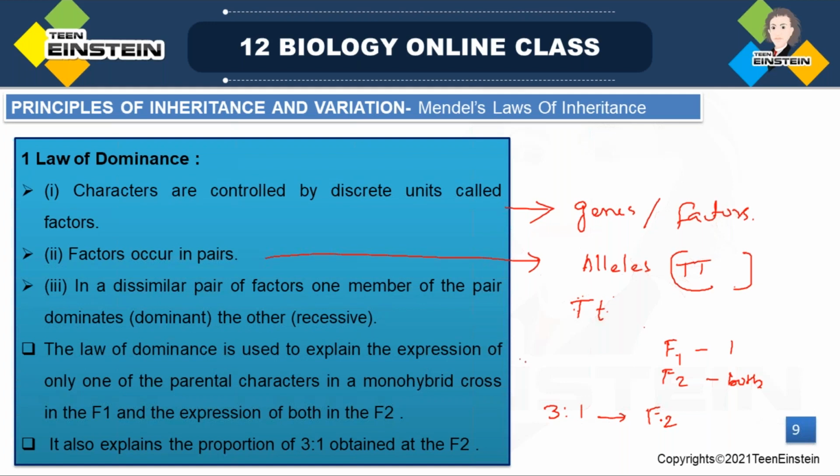According to the law of dominance in a monohybrid cross, in F1 one parental character will be expressed, and in F2 both parental characters will be expressed, and the phenotypic ratio will be 3:1. Okay.